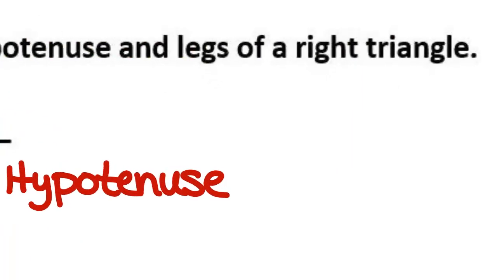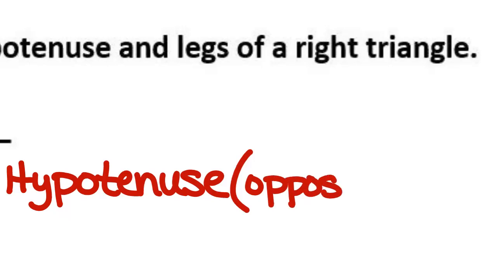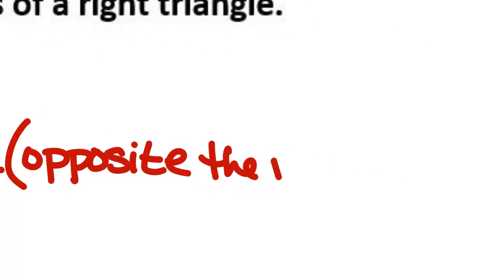The hypotenuse of a right triangle is opposite the right angle.